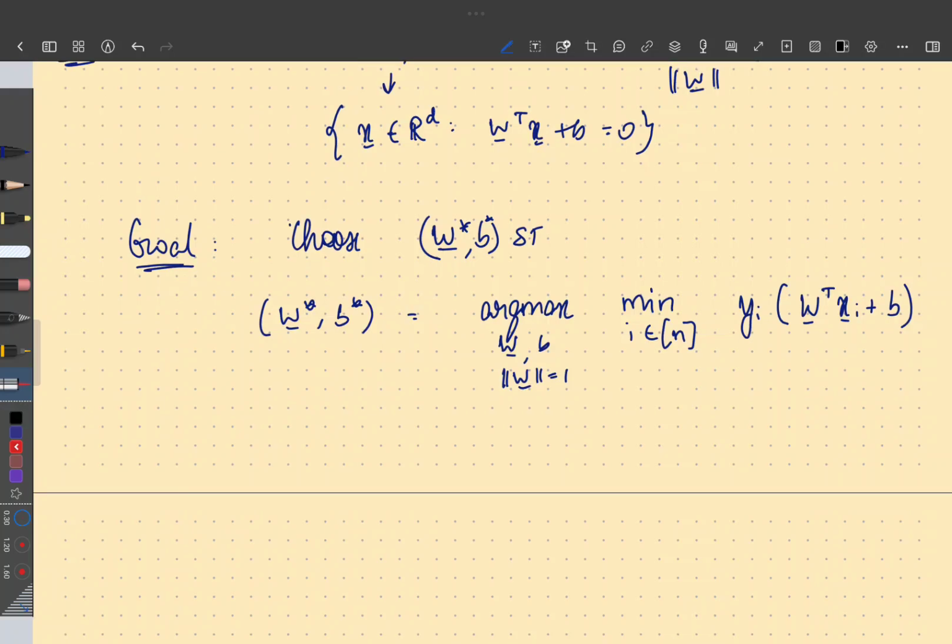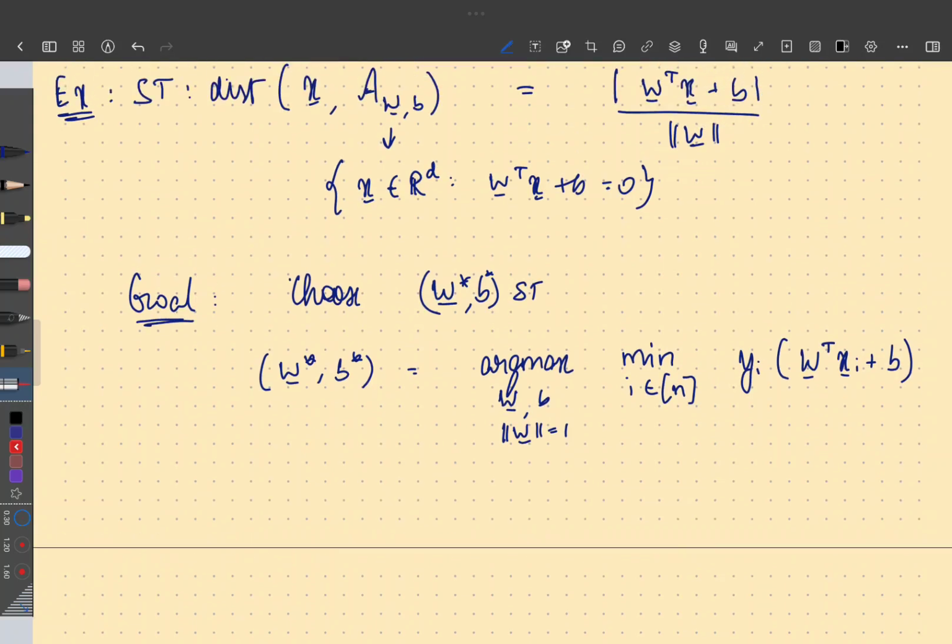Yes, it's linearly separable. So far we are assuming that the data is linearly separable. Where are we using the distance d? We calculate distance d as this, because this is exactly equal to the distance from xi to the hyperplane, right?